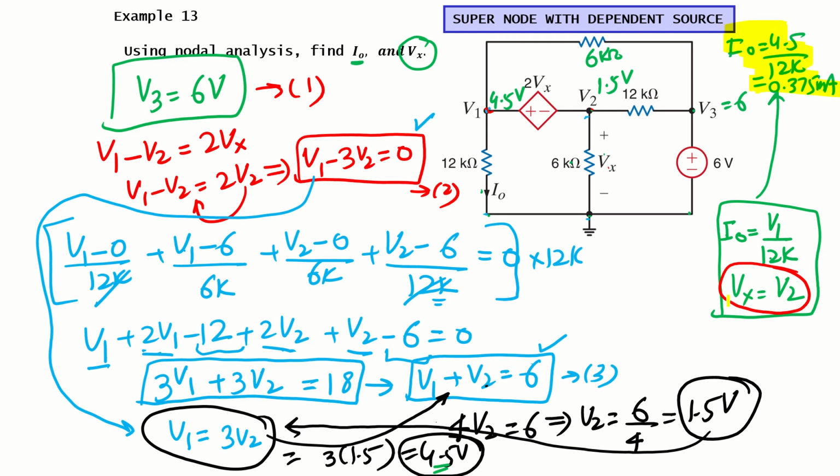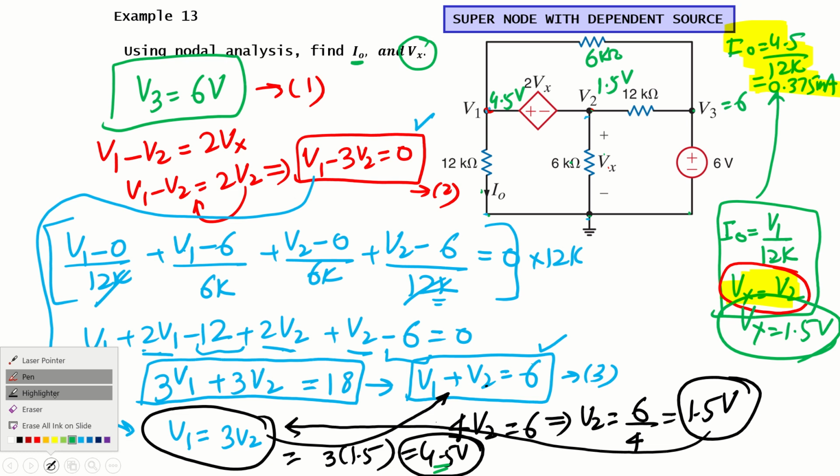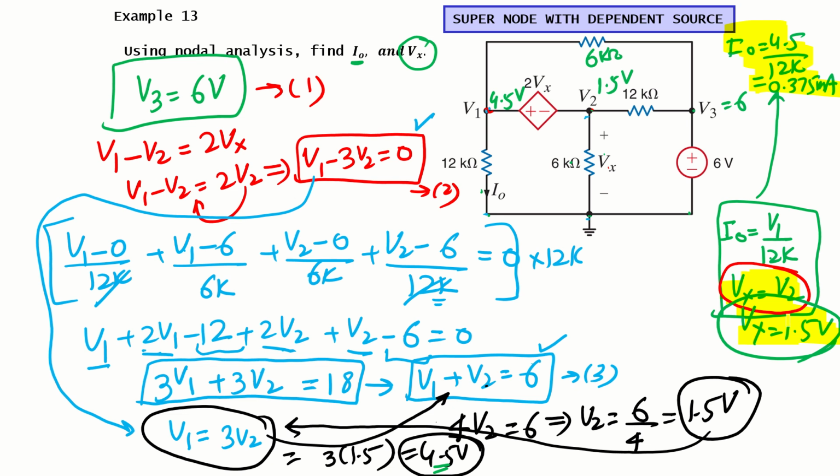Second, Vx is equal to V2, which is 1.5. So the value of Vx is simply 1.5 volts, and we got our second desired voltage. This is a way to solve such circuits. Thank you so much.